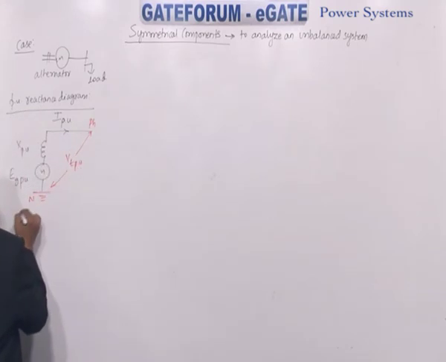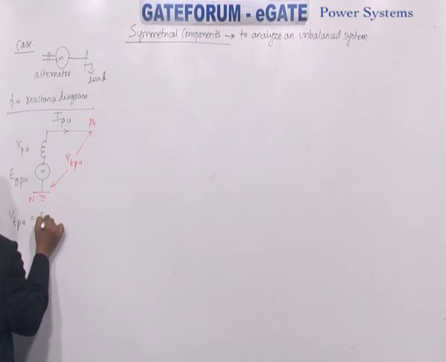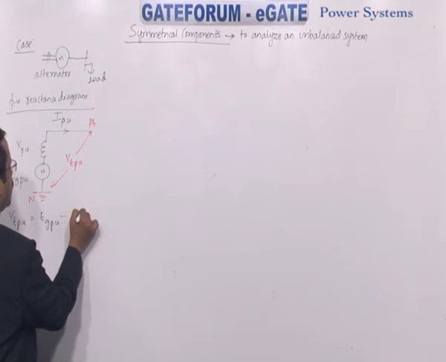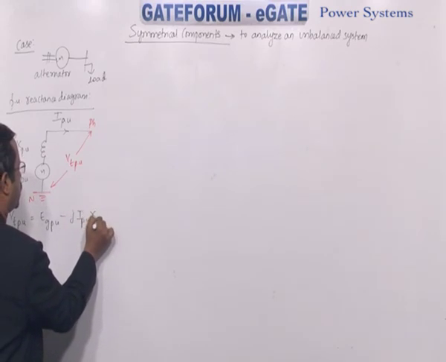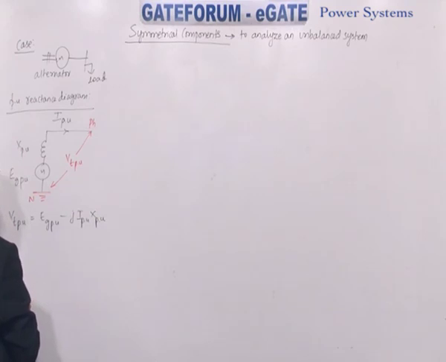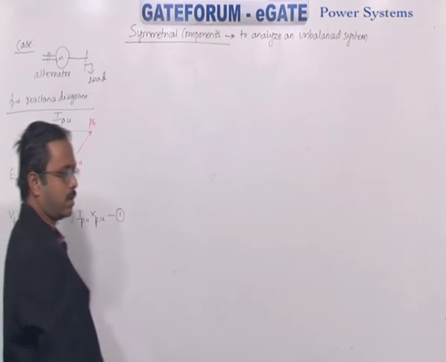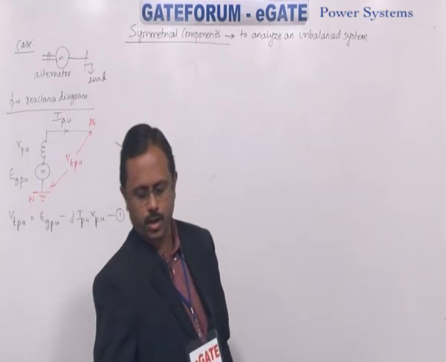So what is the terminal voltage Vt per unit out of the EMF generated? Subtract the reactive drop j I per unit into X per unit. Name it equation 1.